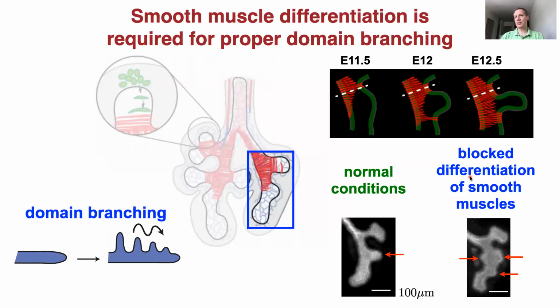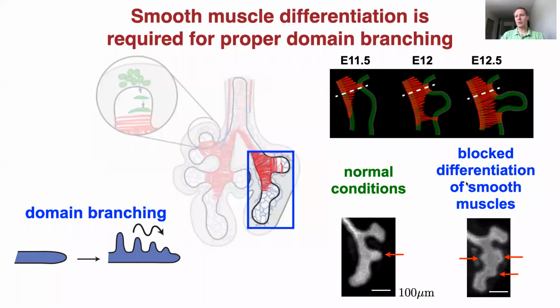But again, if they use drugs to prevent further formation of smooth muscles, so that you just stay with this pattern of smooth muscles, then you start seeing additional branches further downstream and also on the other side. I'll try to show you that we think this is coming from the buckling instability, the wrinkling instability that we already talked about.